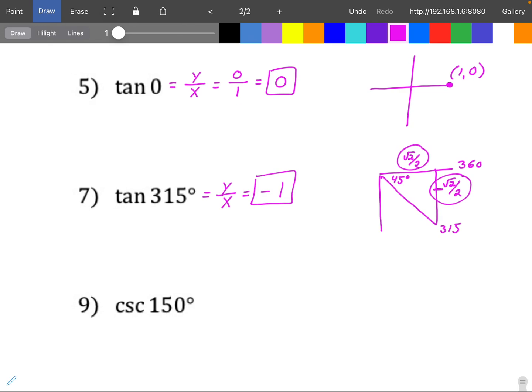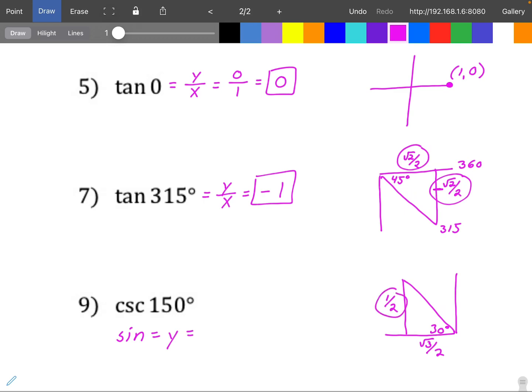All right, number 9, cosecant of 150. So 150 is in our second quadrant, and we have our 30-degree reference angle again, which means across from 30 is 1/2, the other side is square root of 3 over 2. Now cosecant, remember, is the reciprocal of sine, and sine is simply the y value.